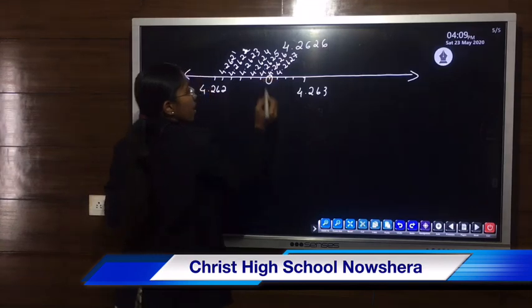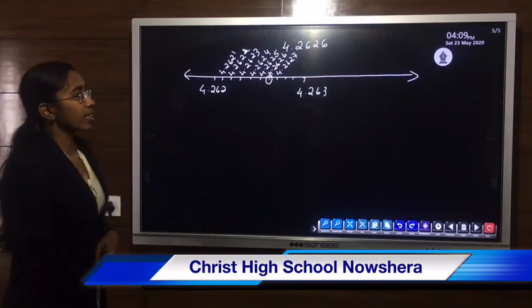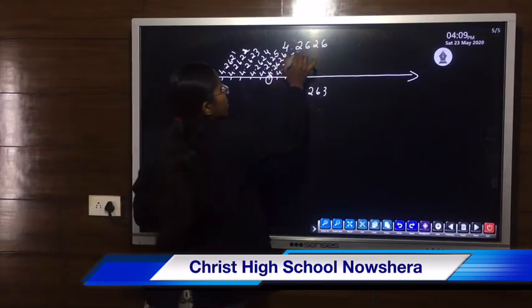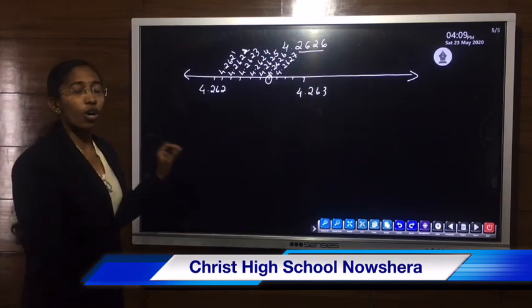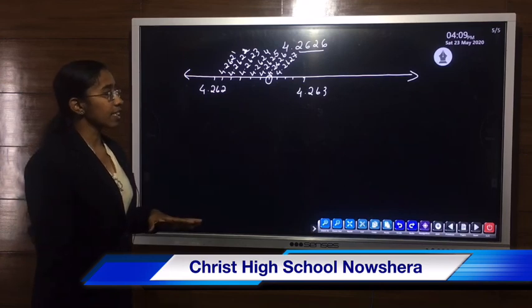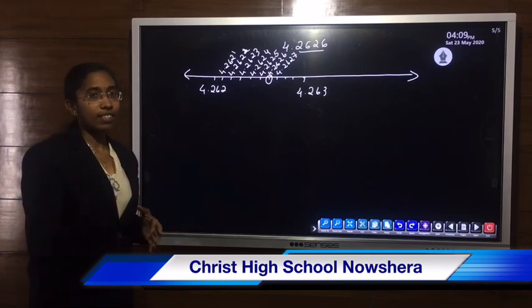So this is our point 4.2626. This is our process of how to visualize a non-terminating recurring decimal expansion on the number line.